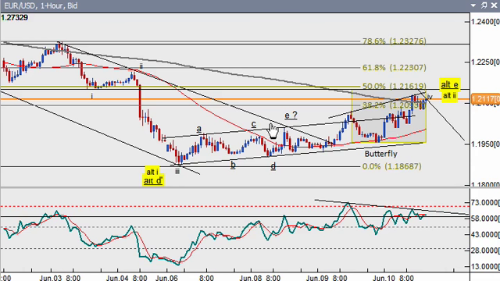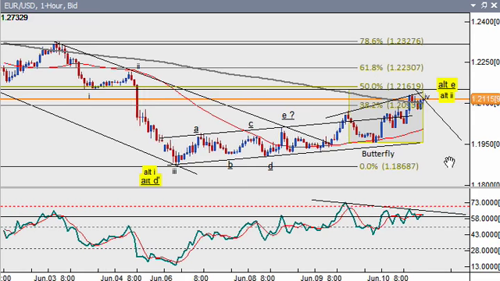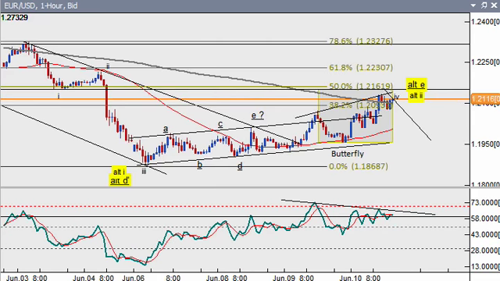In any case, we see that this is consolidation. Here we see this triangle. This could be X, and then here we could be in another wave of our correction. So here I anticipate some topping action coming soon, and if it breaks below this rising trend line, that's one confirmation.